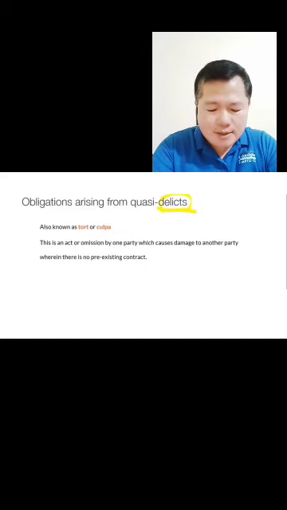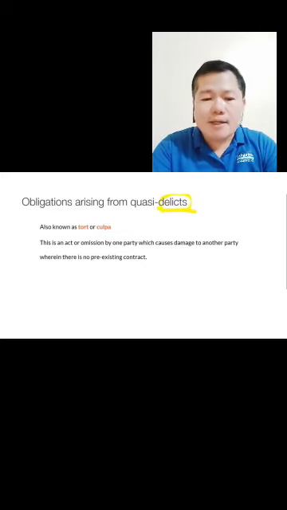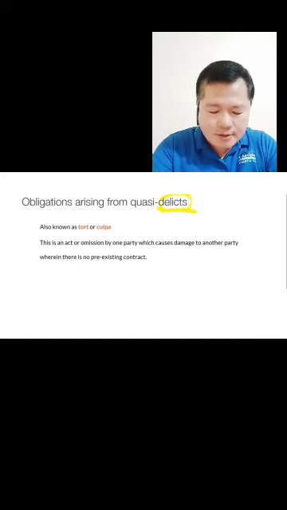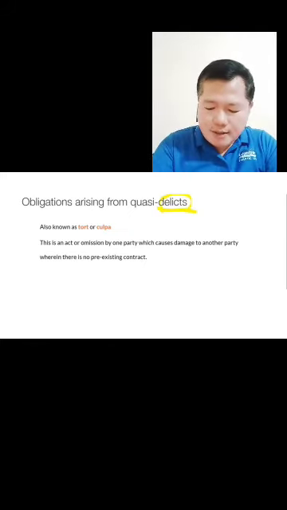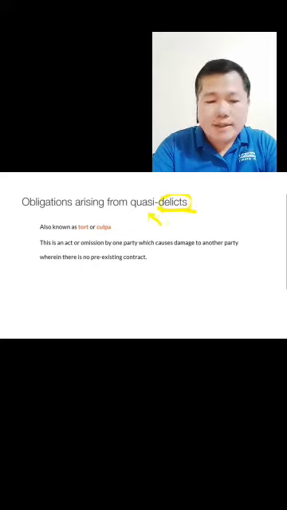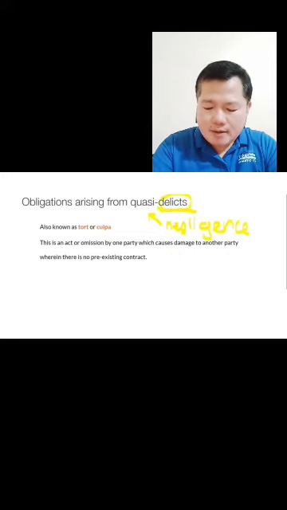Whereas in quasi-delict, there is no criminal liability, because the concept being associated here is the so-called negligence. What is negligence? Negligence means kapabayaan in Tagalog. The other terms here are also known as tort or culpa.